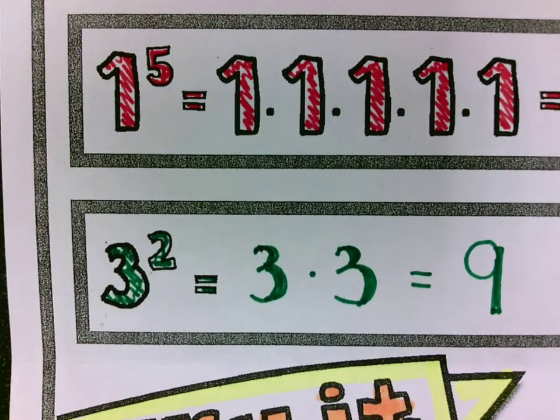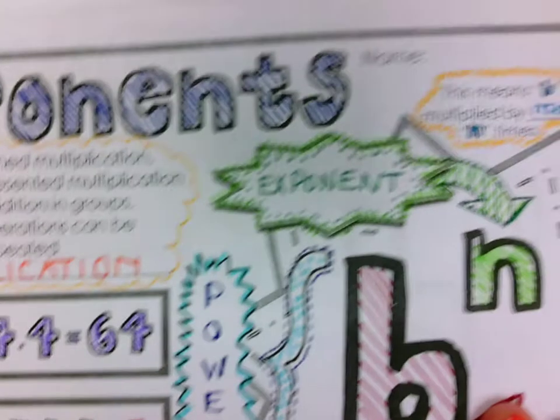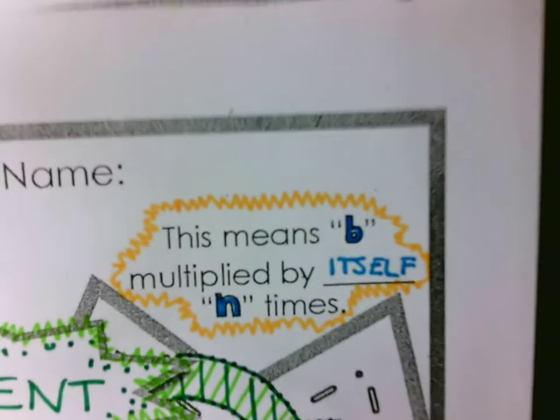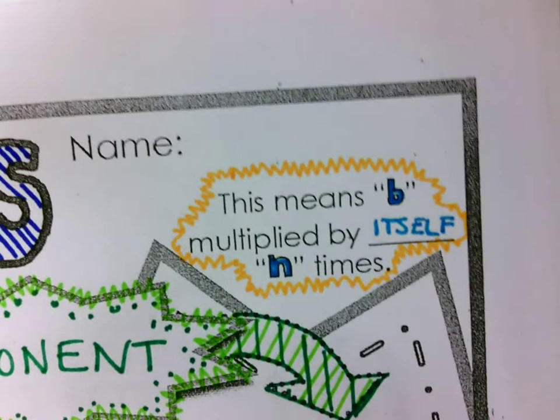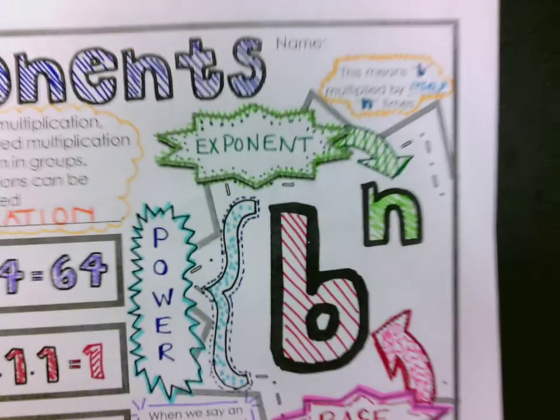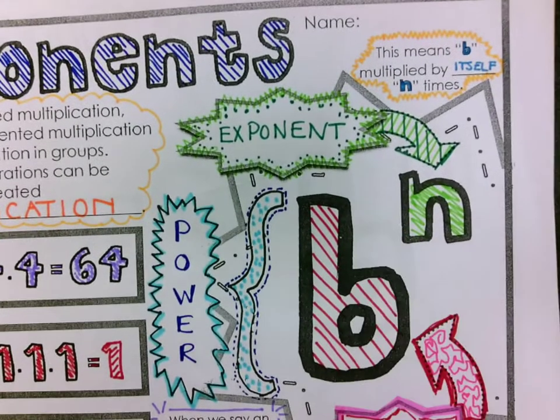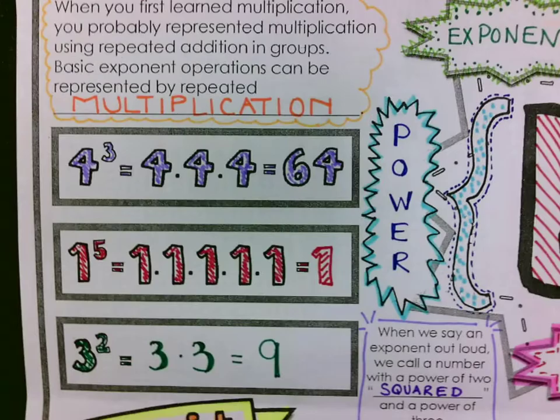Now we've been using some of this terminology up top, which I didn't indicate here in the top right. It says this means b multiplied by itself n times. So that's what they're explaining for this specific power here. That b will be multiplied times itself n times, which is what we saw in these examples.